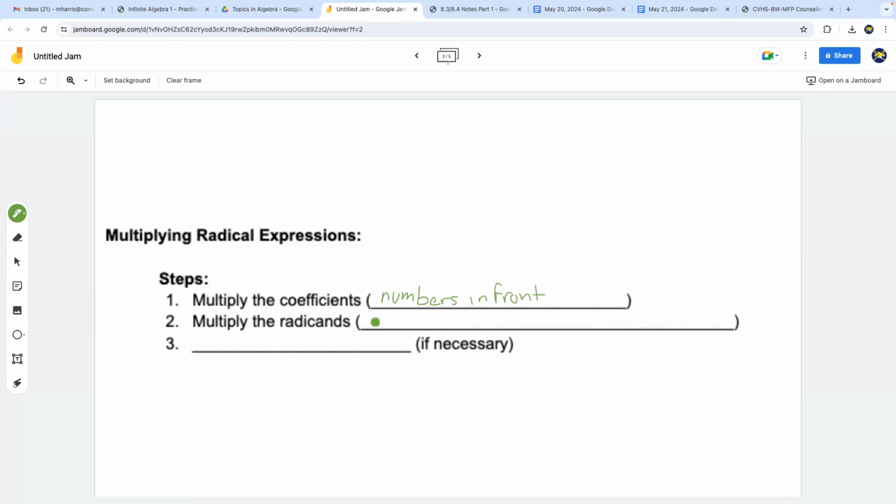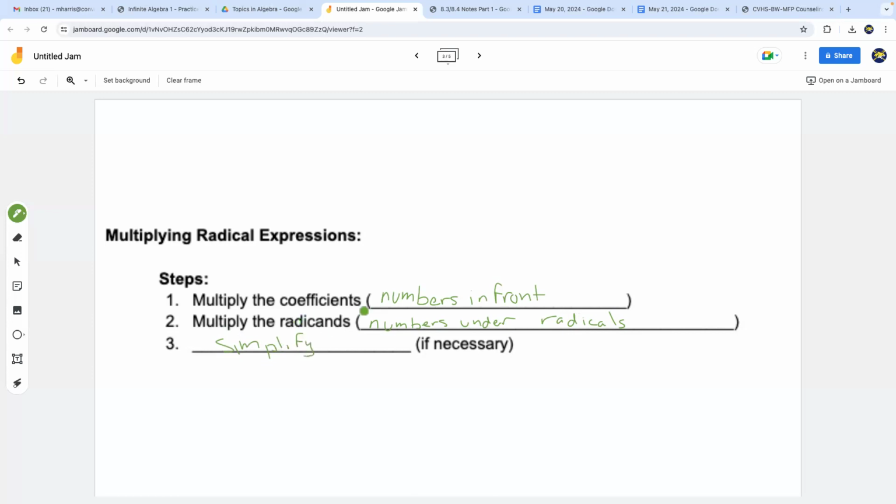Then you multiply the radicands, the numbers under the radicals. And then lastly, you simplify if necessary. Sometimes you don't need to simplify. Sometimes you do need to simplify.